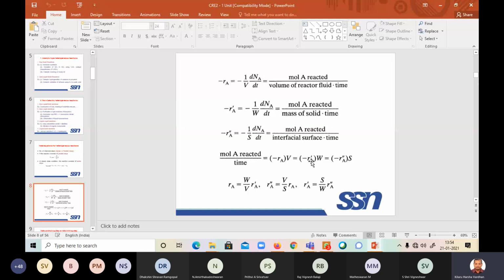Whereas due to the mass transfer, you get extra RA, that is the rate of reaction. In CRE2 in the heterogeneous case, you will call it observed rate, or global rate, right? How to calculate this is what CRE2 is all about.